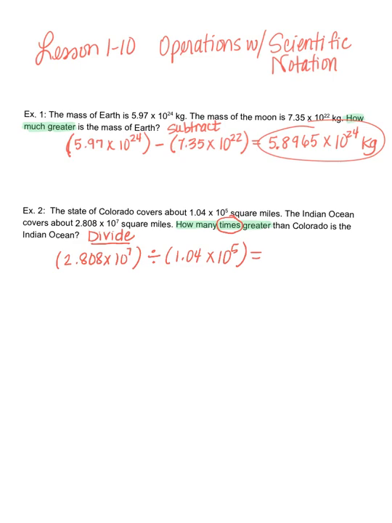Now, I got 270, and in this case, that answers the question, how many times greater than Colorado is the Indian Ocean? If it were to ask me to put my answer in scientific notation, then I would need to convert that back on the calculator or by hand, but it doesn't, so I'm going to leave this one in standard form, 270.